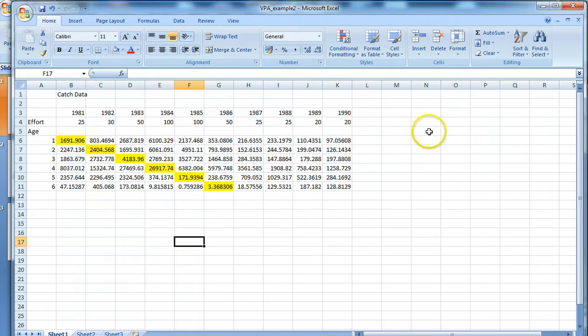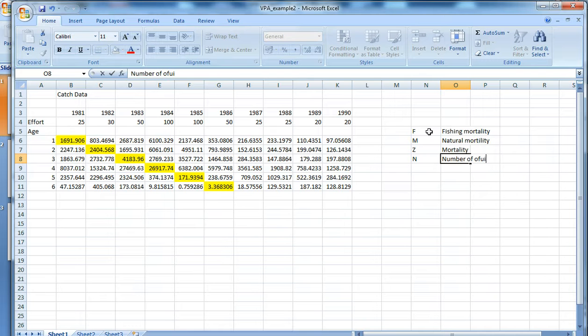So the letters you need to remember are F, which is fishing mortality, M, which is natural mortality, Z, which is total mortality, N, number of fish, and C, which is catch.